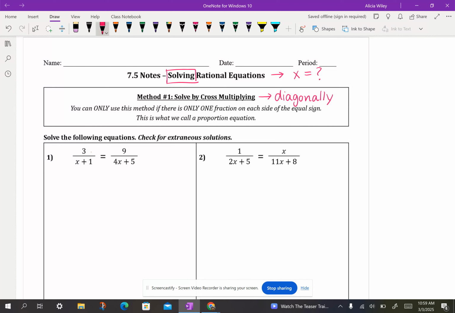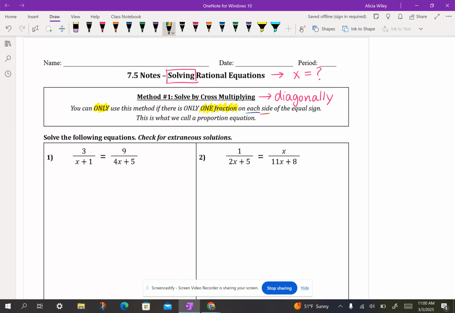It's just a shortcut way to solve these problems, but let's read the statement underneath the title. It says, you can only use this method if there is one fraction on each side. That is very, very important to understand when you can use this method.